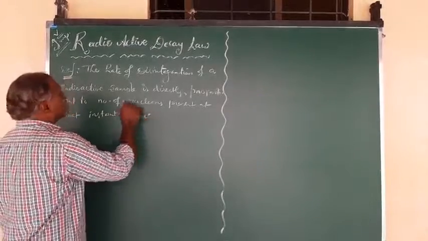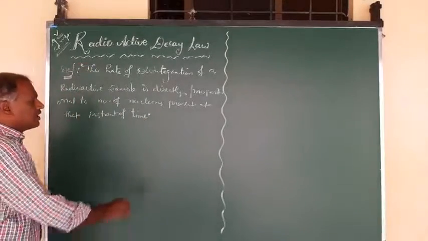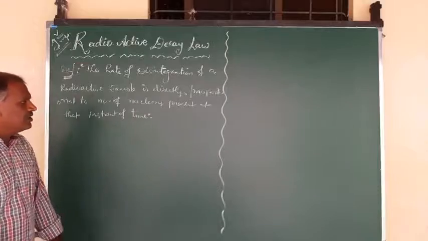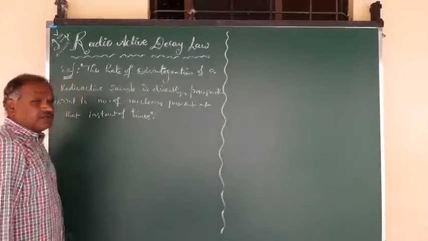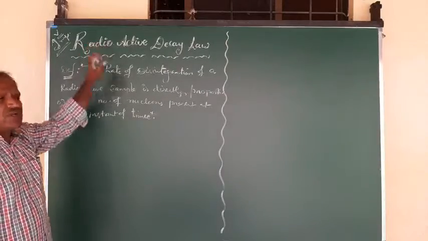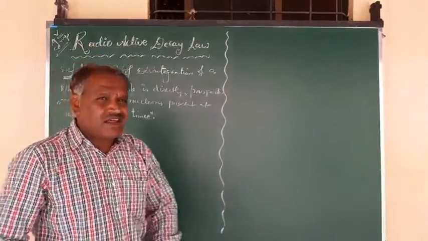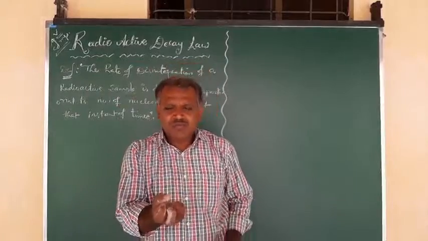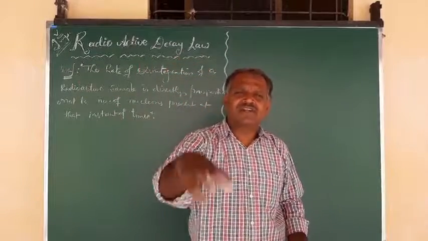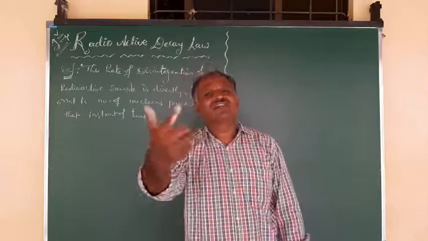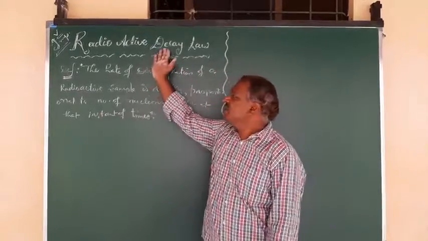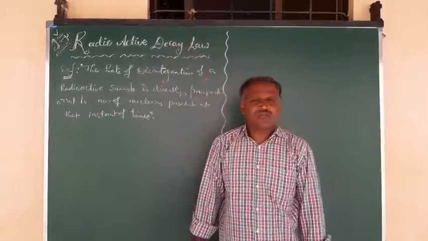This is called the radioactive decay law, right? This is the statement. That means the rate of disintegration, or how many nucleons are decaying per second, depends on one factor: how many nucleons are existing in that sample at that instant of time.